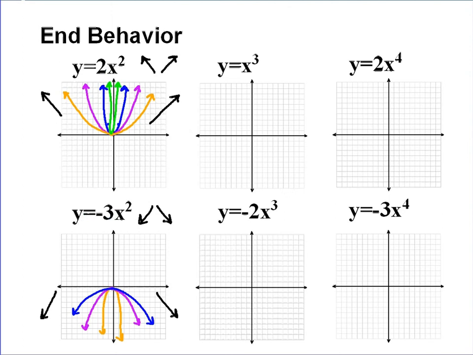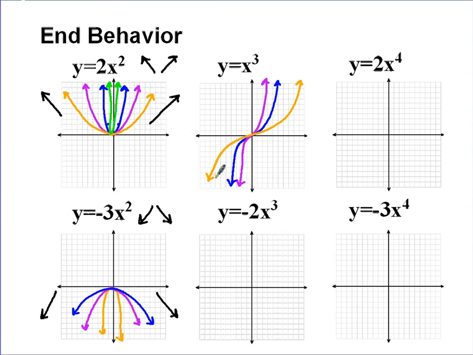Okay, what about x cubed? Well, x cubed looks something like this. That's just 1x cubed. If I had 3x cubed, it would look more like this. If I had 1/4 x cubed, it would look more like this.